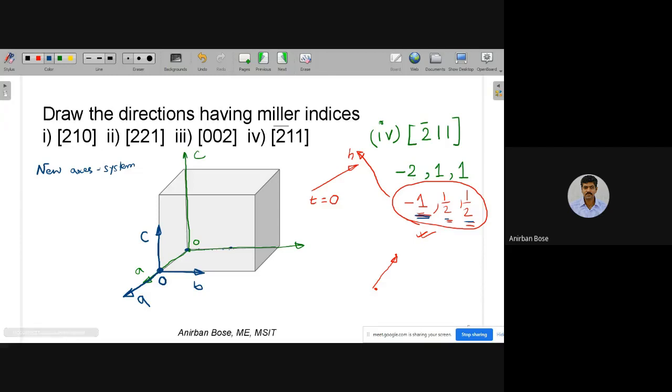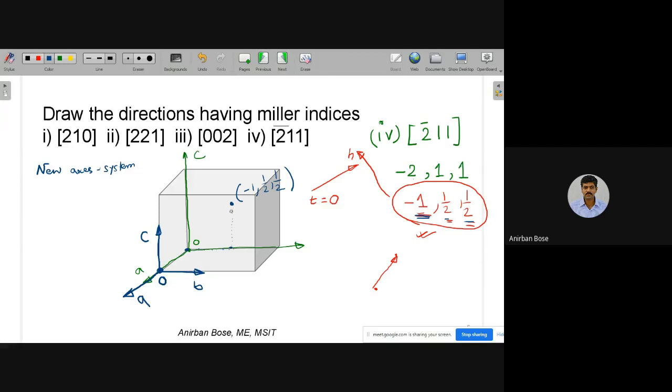And along the c direction, you go half, and you will come to this position. So this will be the coordinate of -1, half, half with respect to the new axis system.